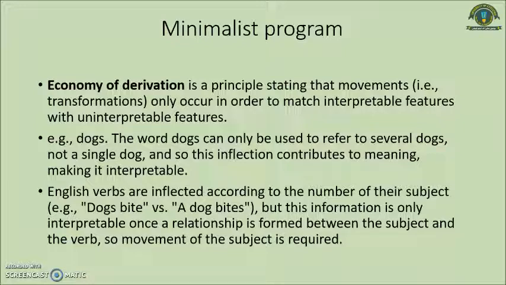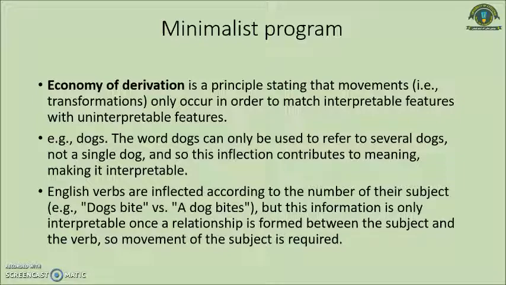Economy of derivation is a principle stating that syntactic movements only occur in order to provide necessary interpretations. So, in order to provide necessary interpretations, we have economy of derivation.